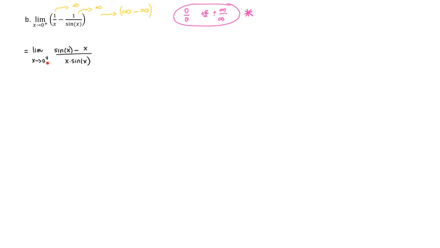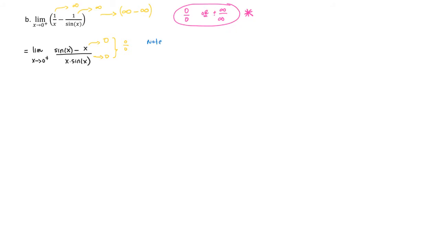As x approaches 0 from the right, the numerator approaches 0 minus 0, which is 0. The denominator, x approaches 0 and sine approaches 0, so the denominator also goes to 0. And now I do get the indeterminate form of 0 over 0. So this now allows me to use L'Hopital's rule.